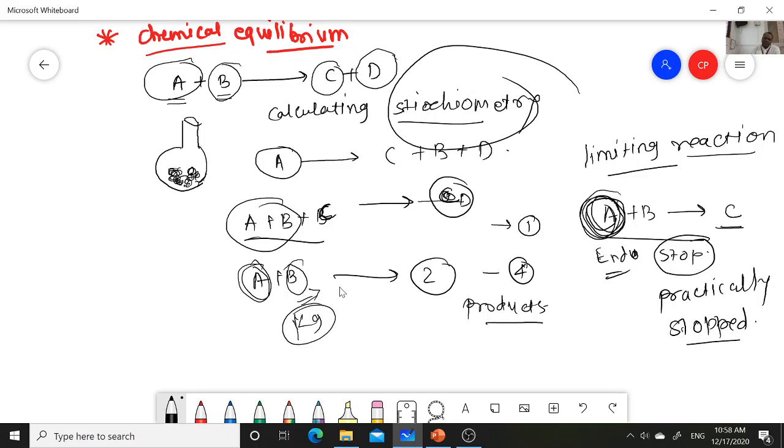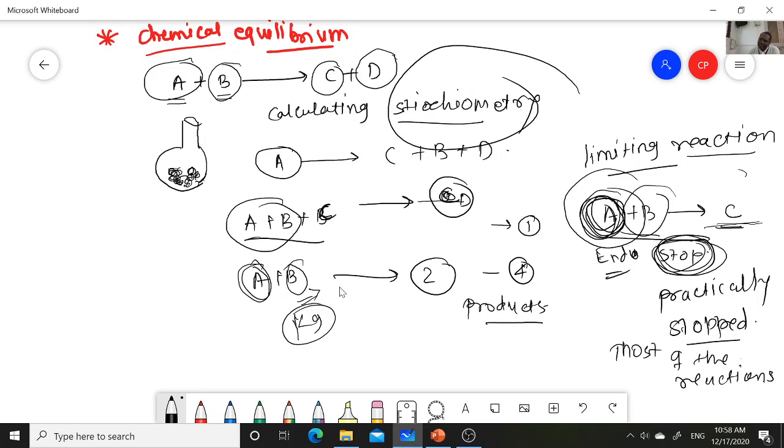There are lots of reactions, most reactions, which follow this rule. What rule do they follow? If one of the reactants is exhausted, we can say that practically this reaction is stopped and there is a formation of the product.